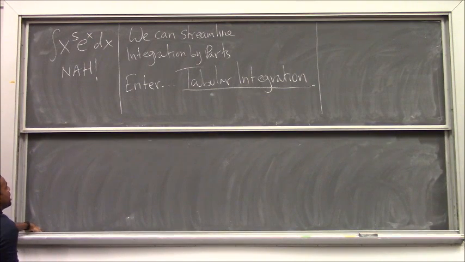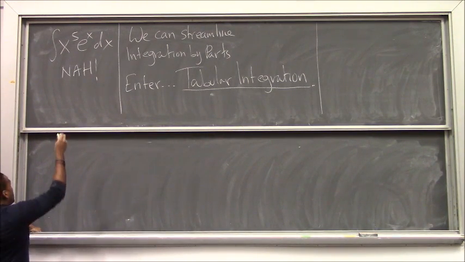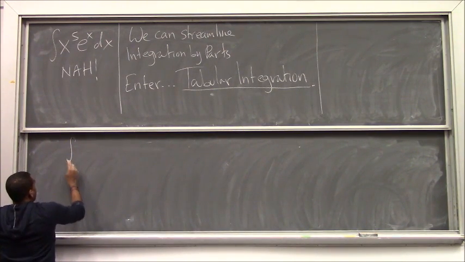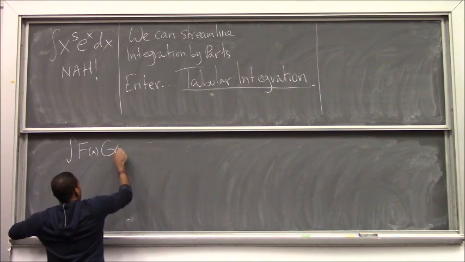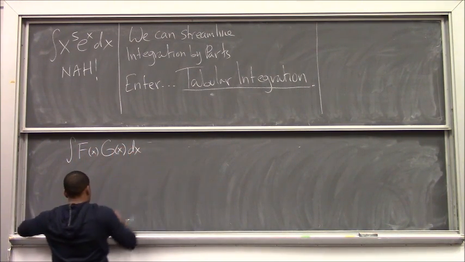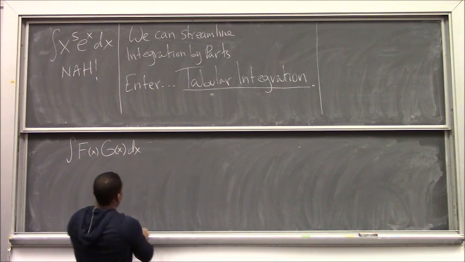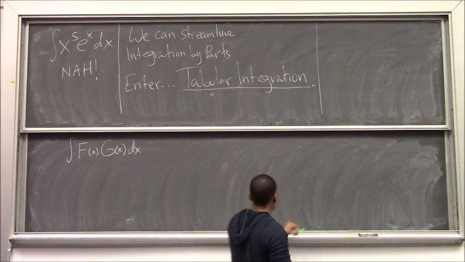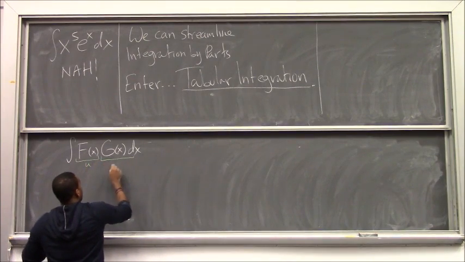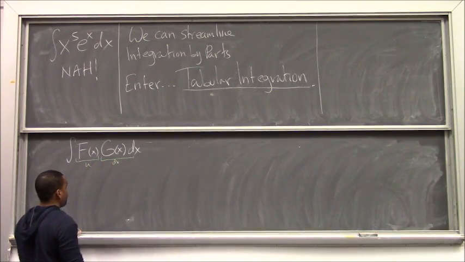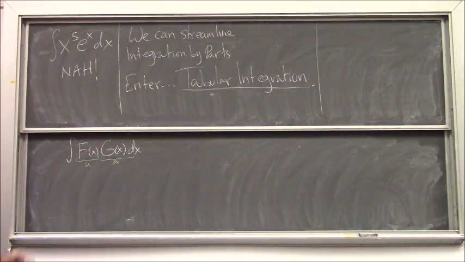So, tabular integration. Suppose we have the integral of big f of x times big g of x dx, where I'm going to think of my f as the u and my g as the dv. Whatever these functions are, we don't know, but it's something that I would choose integration by parts to work on.